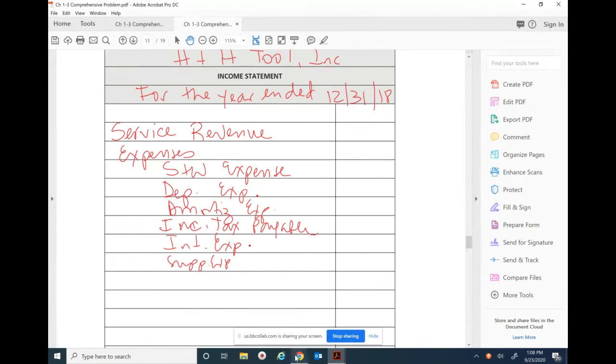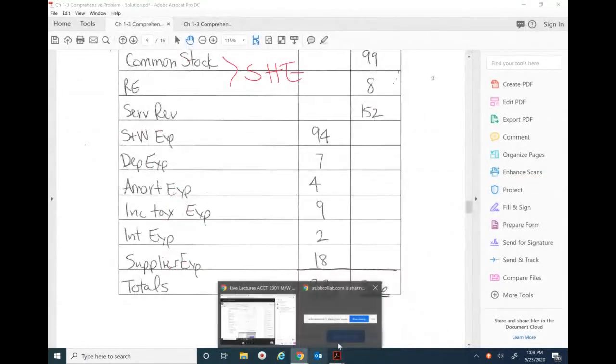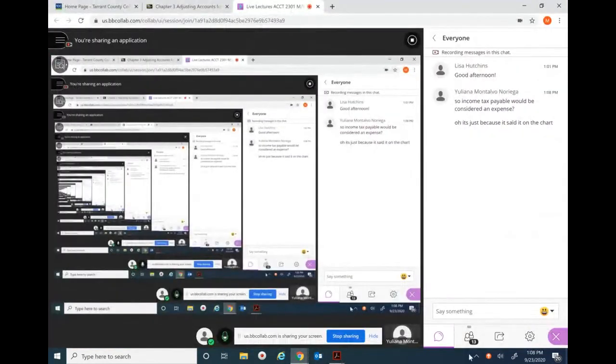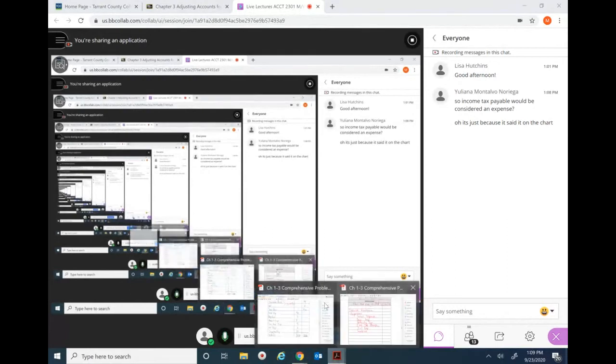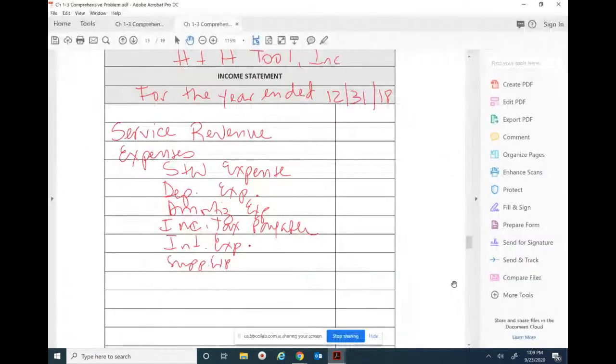All right, so if I look at the trial balance that we prepared last time, I can see the amount of revenues that the company has, 152, and then I'll just copy all the expenses in my income statement. So service revenue is 152.